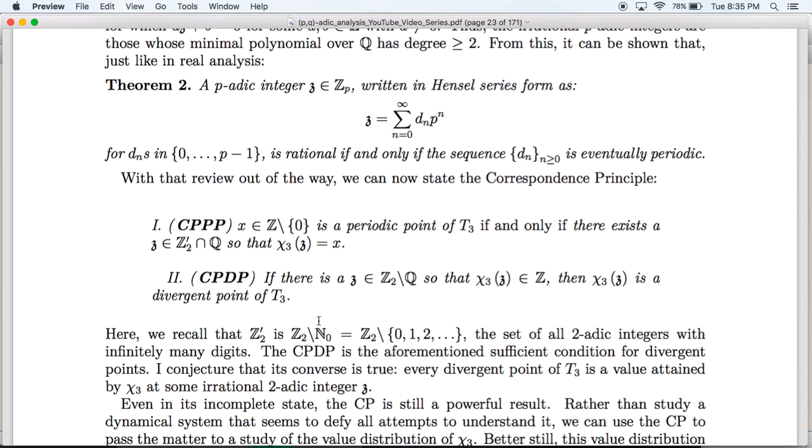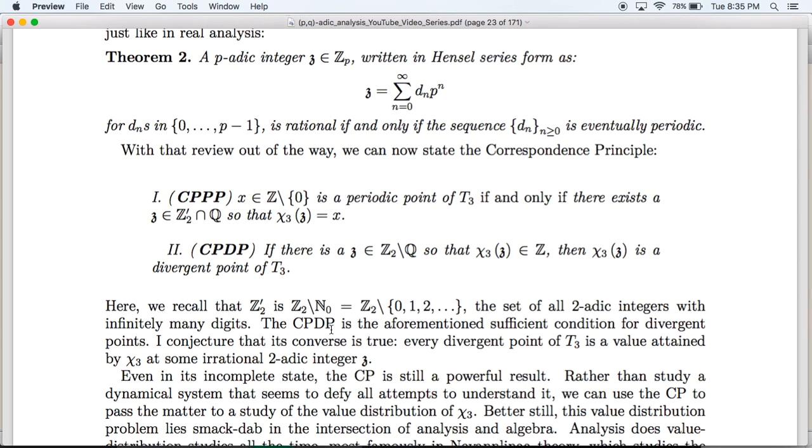So even in this incomplete state, the correspondence principle is still a powerful result. Rather than study a dynamical system that seems to defy all attempts to understand it, we can use the CP to pass the matter of solving the Collatz conjecture to studying the value distribution of chi_3. This is actually very nice because value distribution theory is technically both a matter of algebra and a matter of analysis.